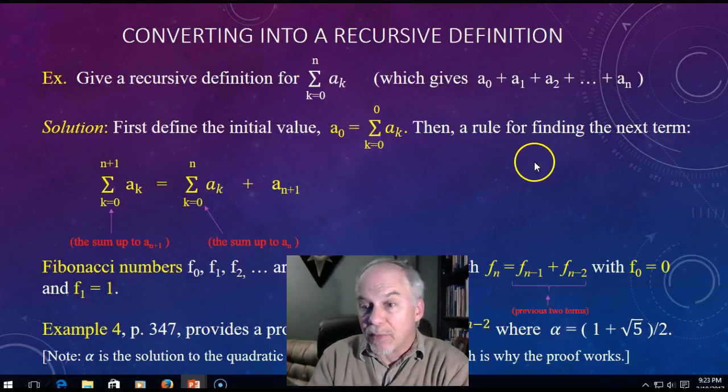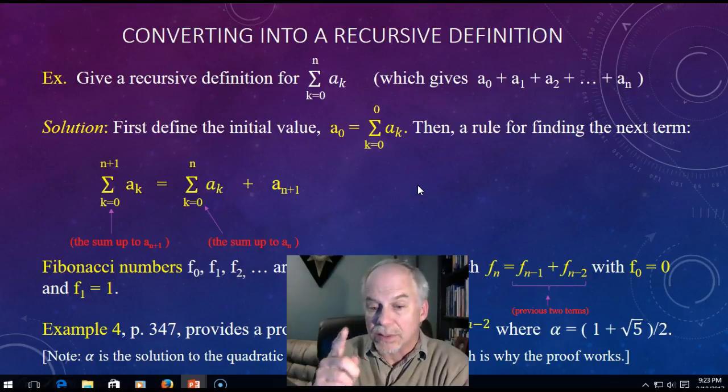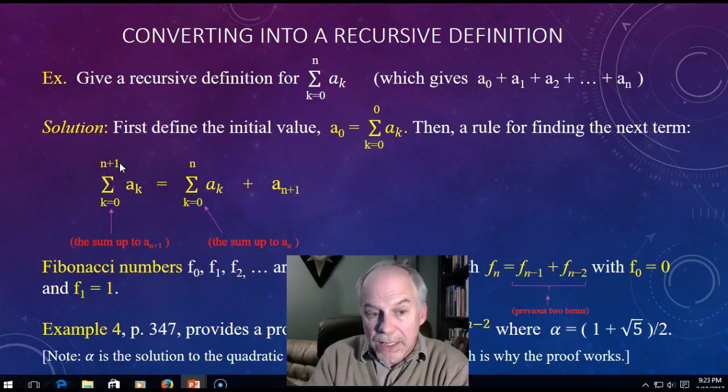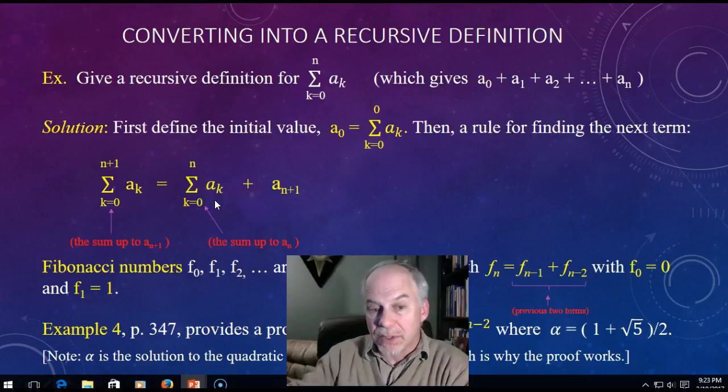Then a rule for finding the next term of this series, when it's added up, it's really a sum. All of these terms are sums, not just a single term. Anyway, you can say the sum from 0 to n plus 1 is equal to the sum from 0 to n of a sub k, so that'll add up all the terms from 0 up to n, and then plus a sub n plus 1.